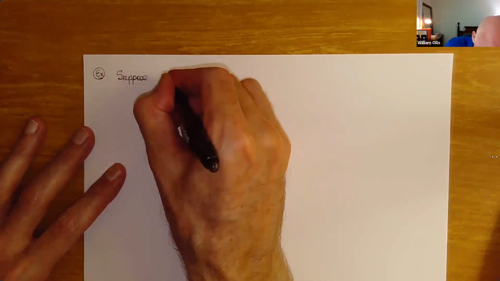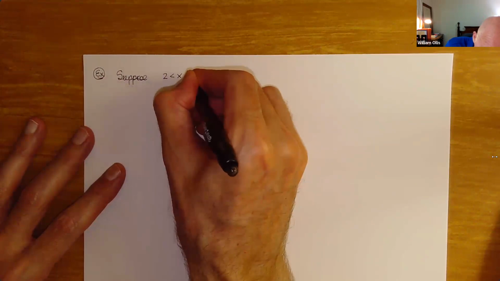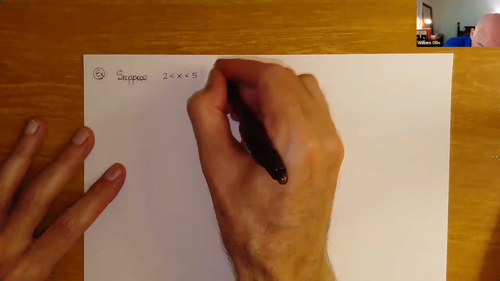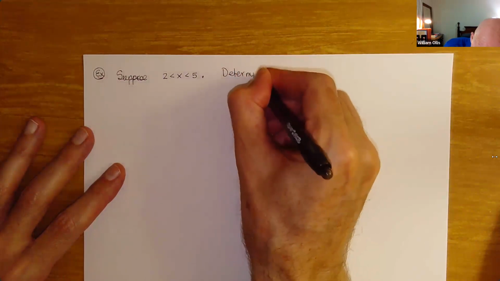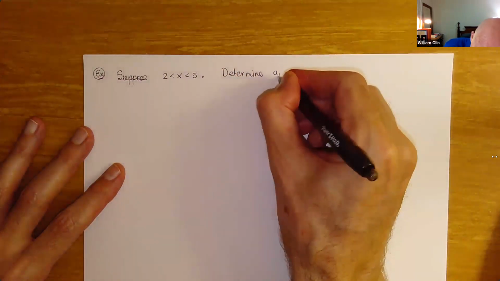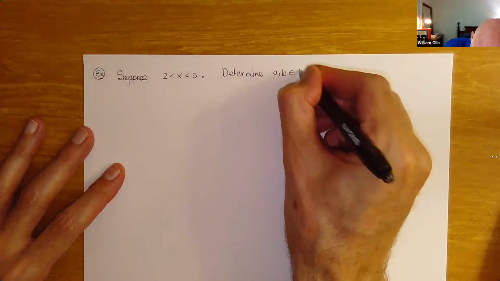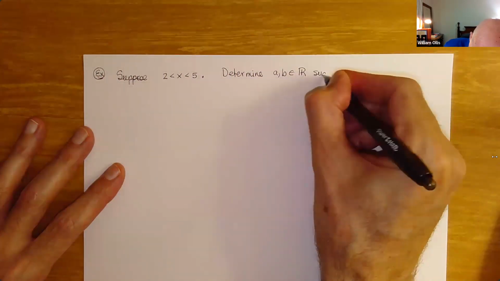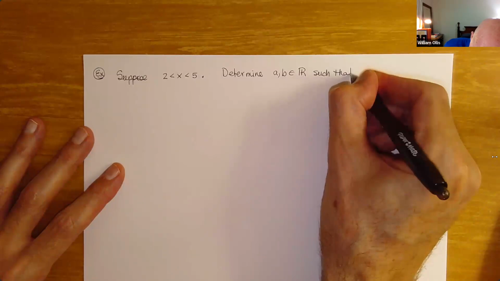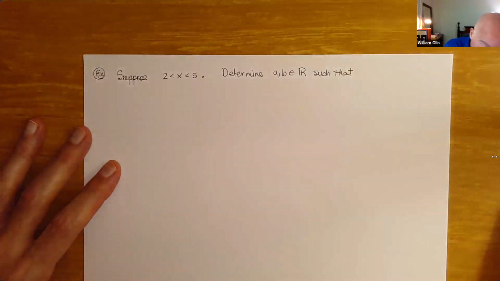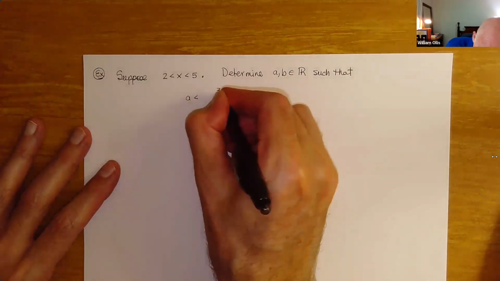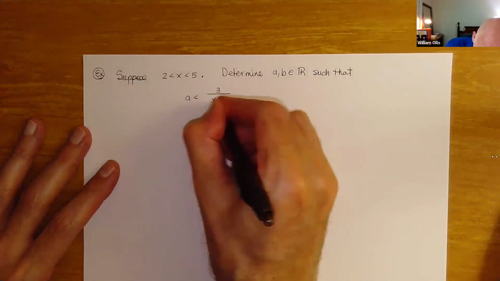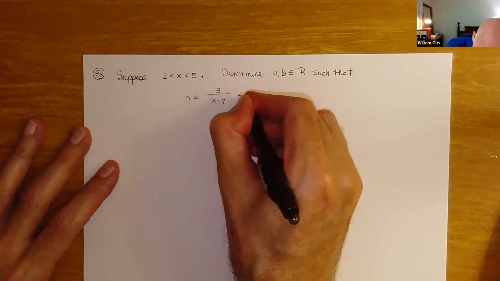Suppose that X is between 2 and 5. And we want to determine A and B, real numbers, such that A is less than 3 divided by X minus 7, less than B.